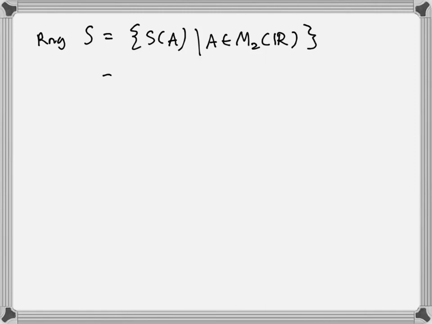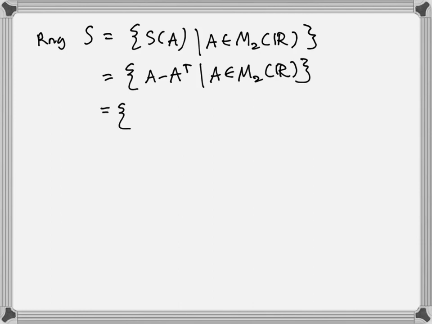But this is the same as the set of all A minus A transpose such that A is a 2 by 2 matrix. What is A minus A transpose? Well, take any matrix and subtract its transpose from it, and let's see what you get.